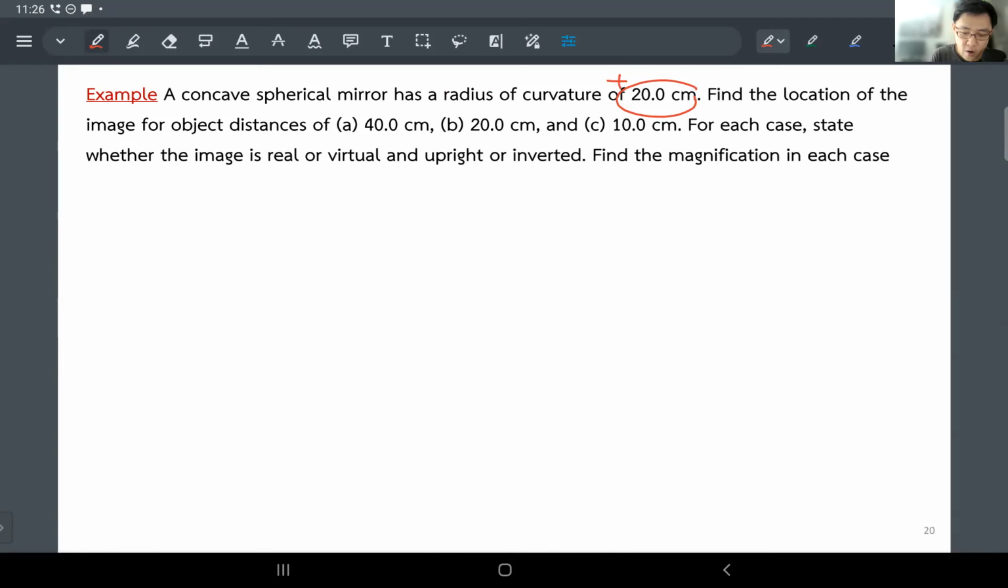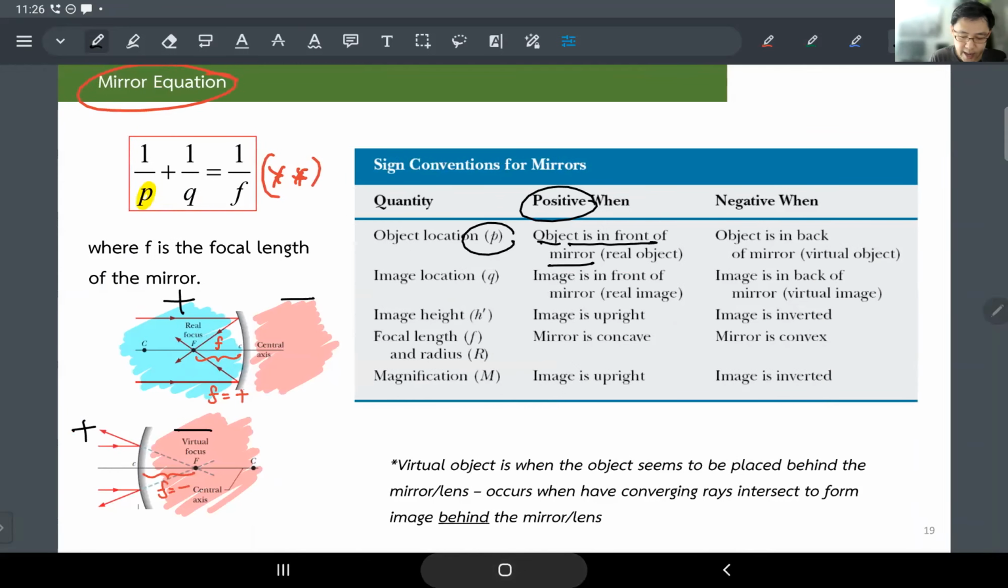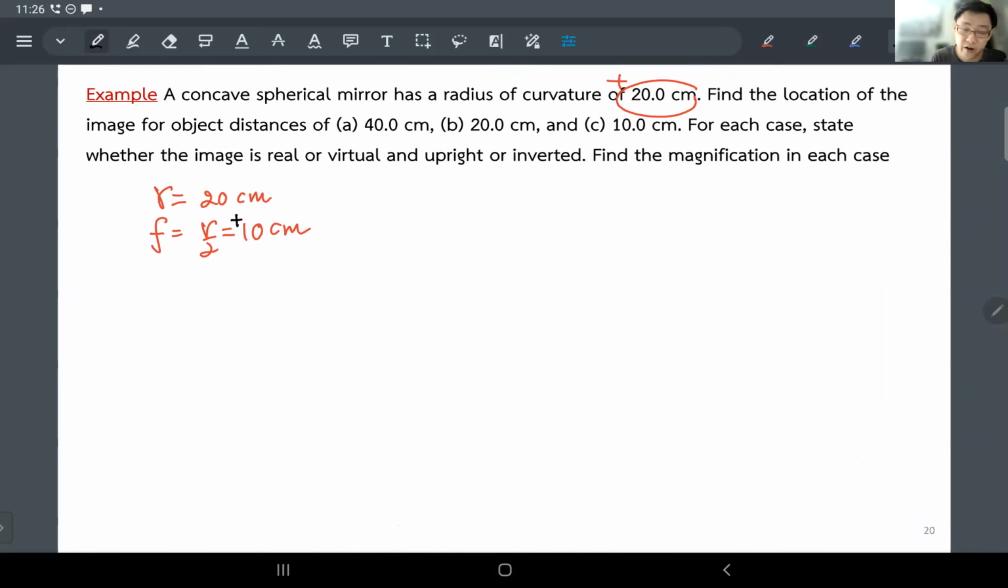Over here, you get R to be 20 centimeters. That leads you to a focal length of half of that, 10 centimeters. Just to be sure, don't forget, it's going to be positive because it's a concave mirror. With me, guys? Okay, that's good. It's positive because the focal length and focal point are in the front.